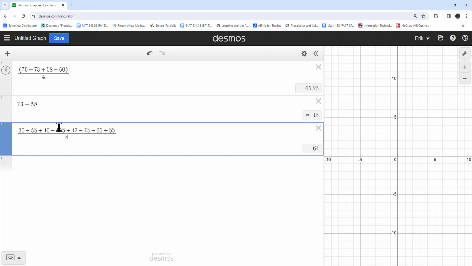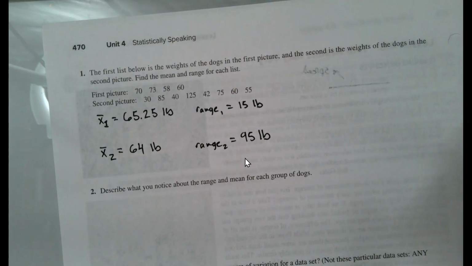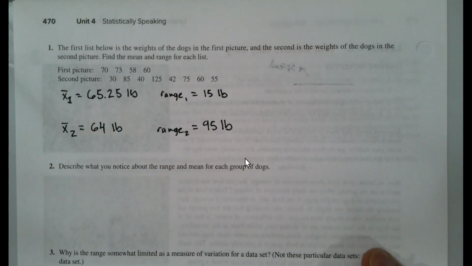But let's check out the range. The largest value in there is 125, and the smallest value is 30, a range of 95 pounds. So the weights of those dogs are quite spread out.